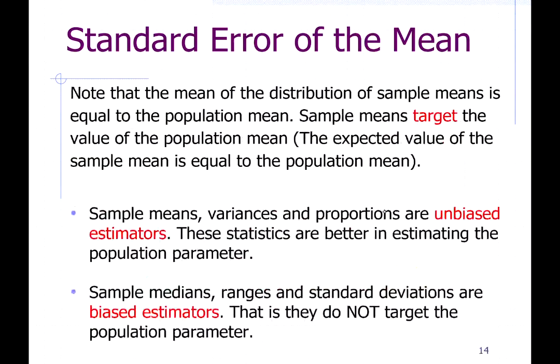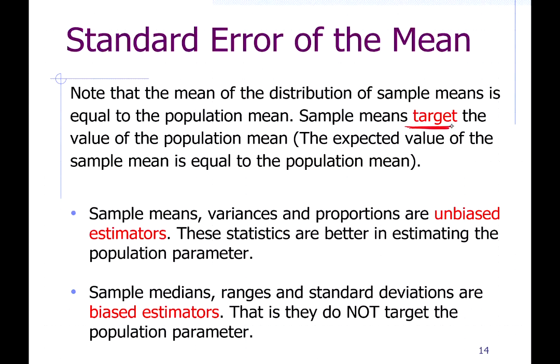Okay. So what this tells us is that the sample means, by being an unbiased estimator, target the population mean. And this leads us to a very important theorem in statistics called the central limit theorem. And that's going to be the topic of my next video. So this is going to sort of lead into that.